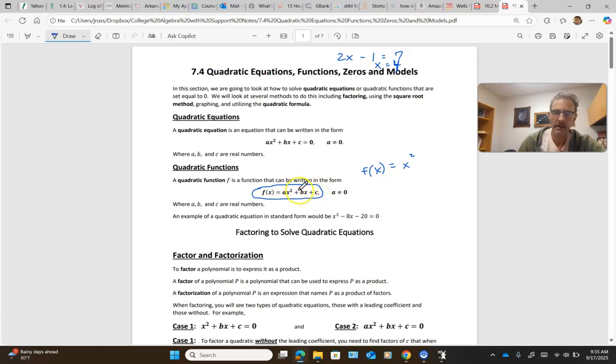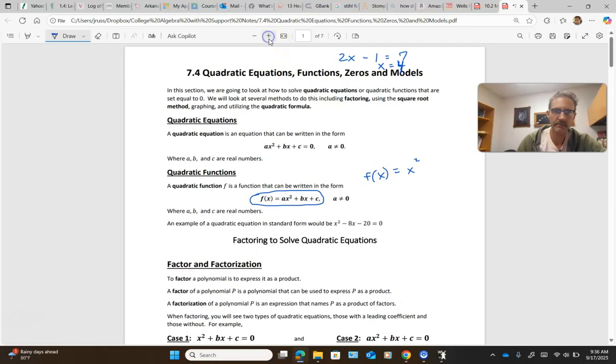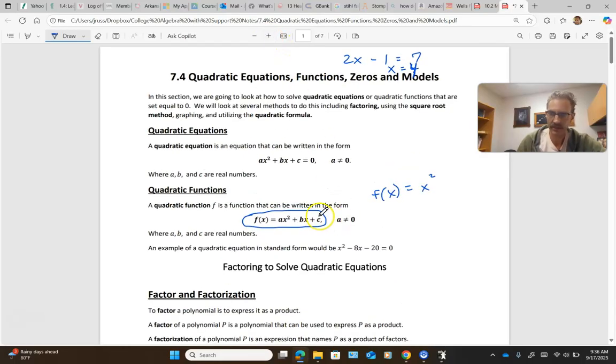But most of the quadratic functions that we're going to encounter today, b and c are going to be in there. And we also, if you notice, like to write it in what's called descending order, such that this x squared term comes first, the x term comes second, and then that constant term is third, if it has one.